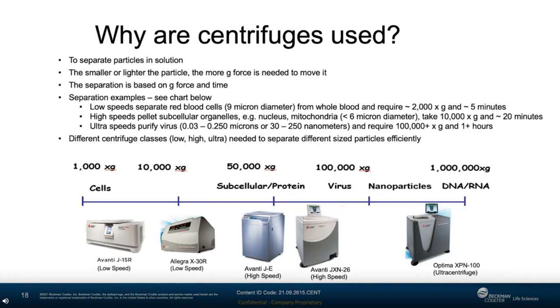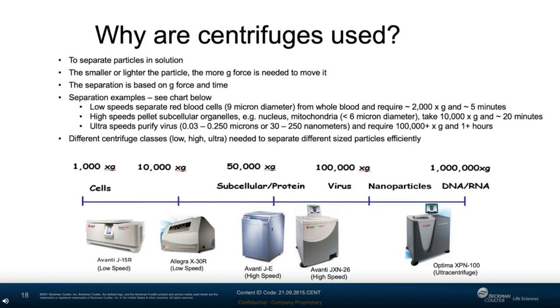However, smaller particles like bacteria and subcellular organelles move slower, so they need higher speeds and forces, typically in the 10,000 to 50,000 G-force range, to pellet them in approximately 10 to 30 minutes. The centrifuges in the middle above are used for these applications.